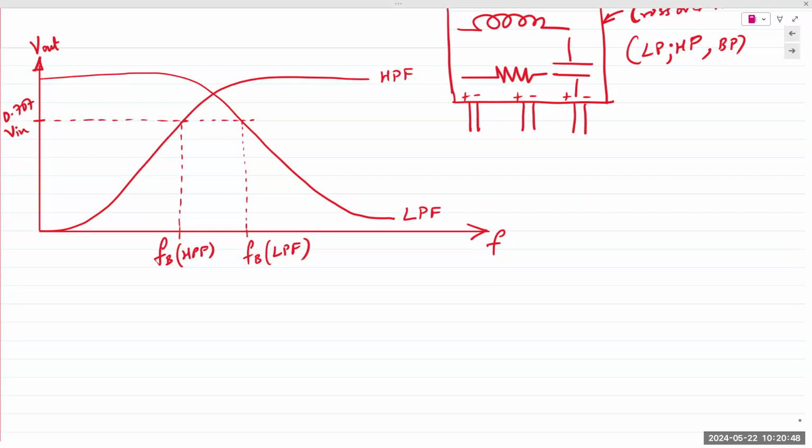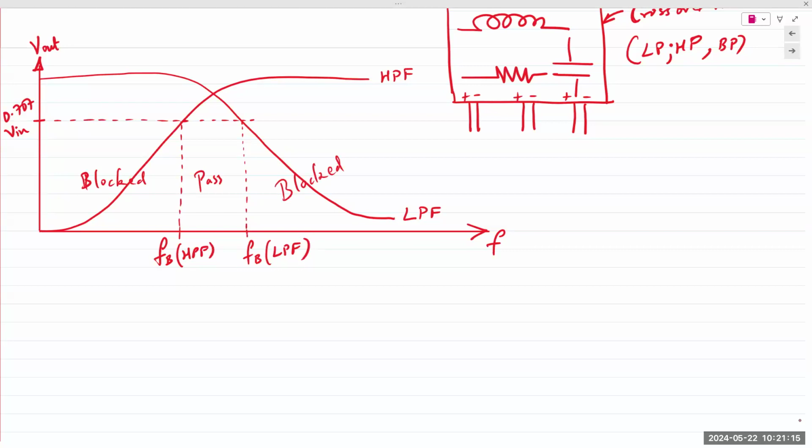Everything else is considered to be blocked. So this is pass. All of this is blocked. All of this is also considered to be blocked. Okay, so you have a band of frequencies in the middle that is allowed to pass through. And this is the application of a band pass filter.